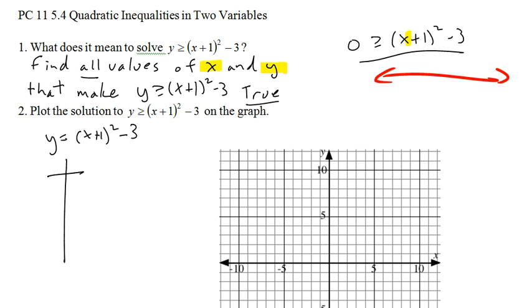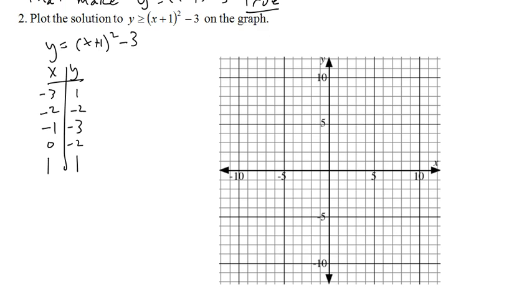Okay, you should remember from chapter 4 that we're going to have a vertex of (-1, -3), because when x equals -1, that gives us 0 squared. And fill in the rest of this table of values. So we've got (-1, -3).